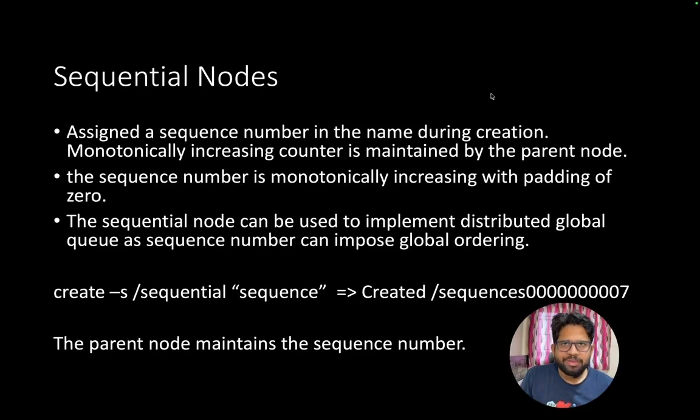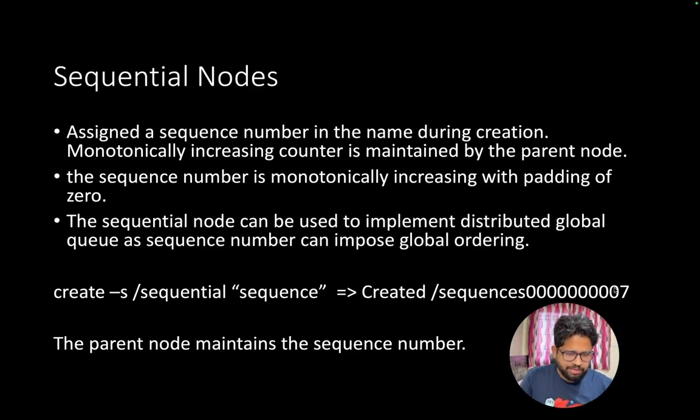Now let's talk about the last type of node, that is the sequential node. So the sequential node is assigned a sequence number at the time of creation of the node, and that sequence number is in the monotonically increasing order. So you try to create a name called as sequential, it assigned you some number, and there is some padding also done of zeros.